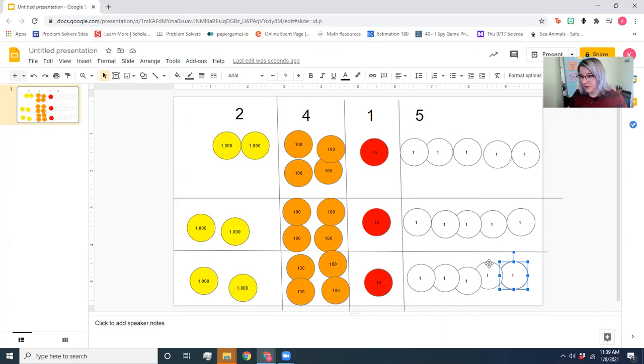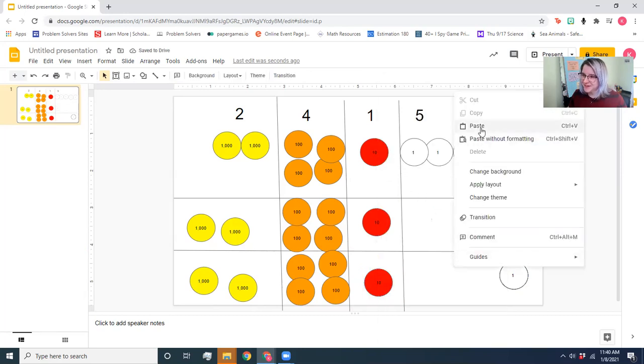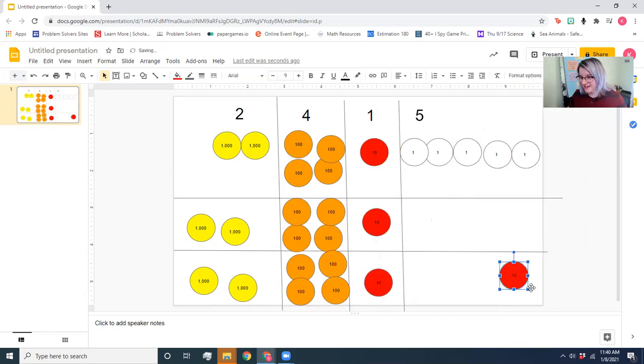We can put 1, 2, 3, 4, 5, 6, 7, 8, 9, 10 together, and 10 ones equals 10.